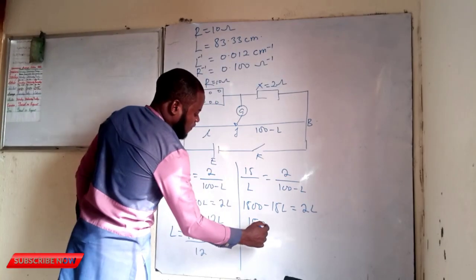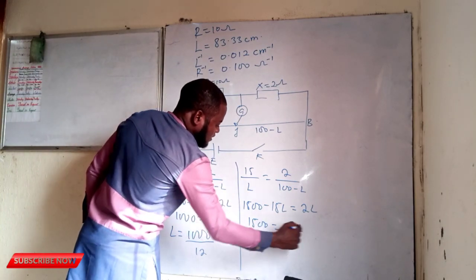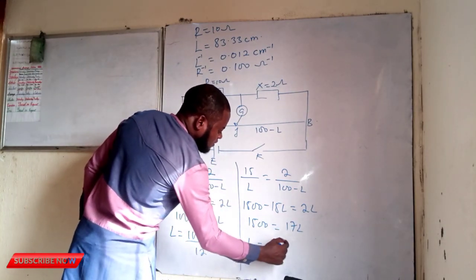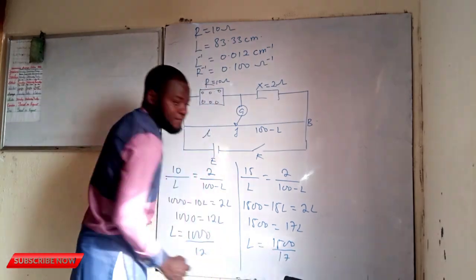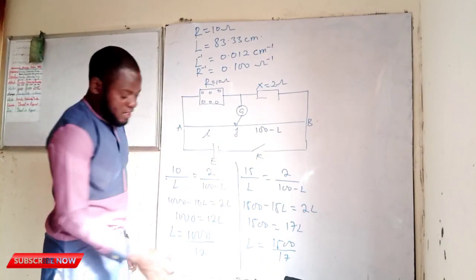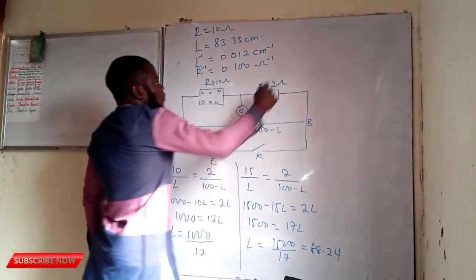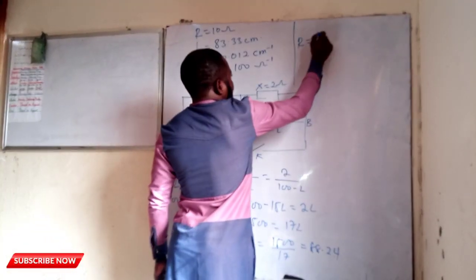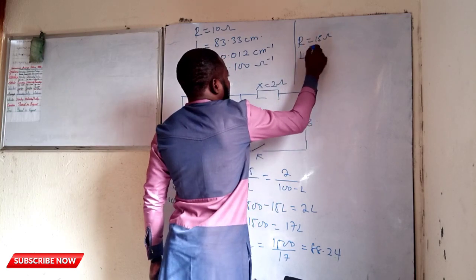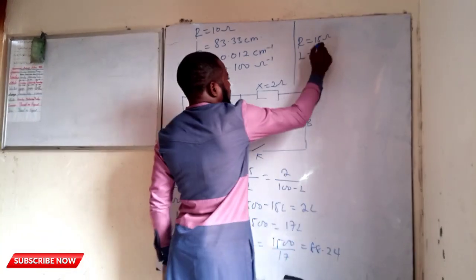So 1500 equal 17L. L equal 1500 divided by 17. And this will in turn give us 88.24.